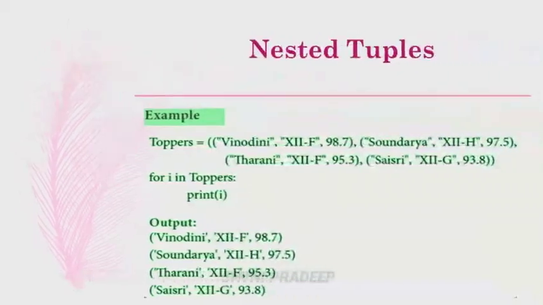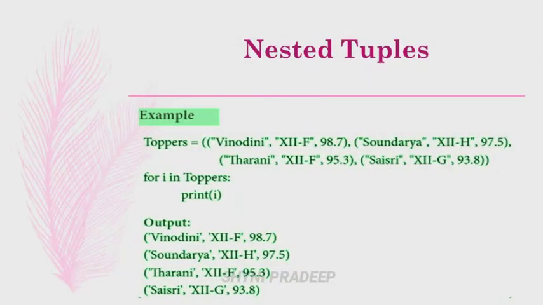Okay. See the example. Tuples, Vinodini, Soundarya, Dharani, Shastri. See here, this is a tuple. Within this tuple, 4 other tuples are defined. Vinodini, Soundarya, Dharani, Shastri. Here we used a for loop.